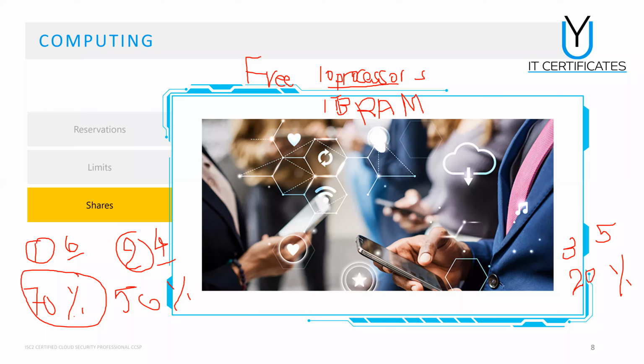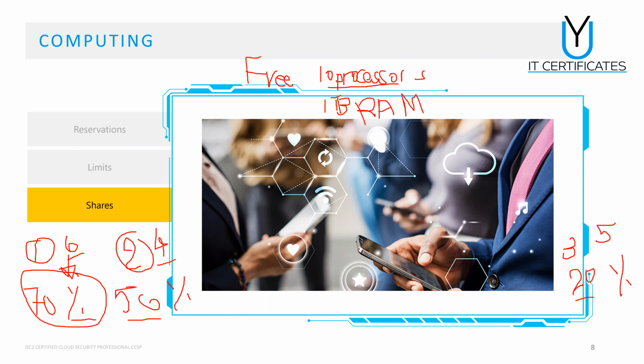When this user has the highest priority, then customer 2, then customer 3, we have to provide him with his full needs. Or the resources should be distributed based on this percentage.